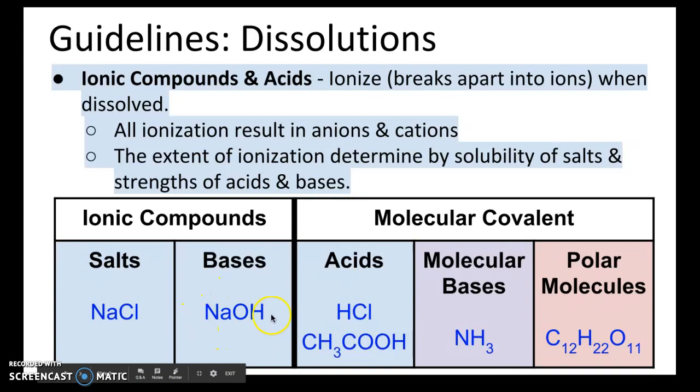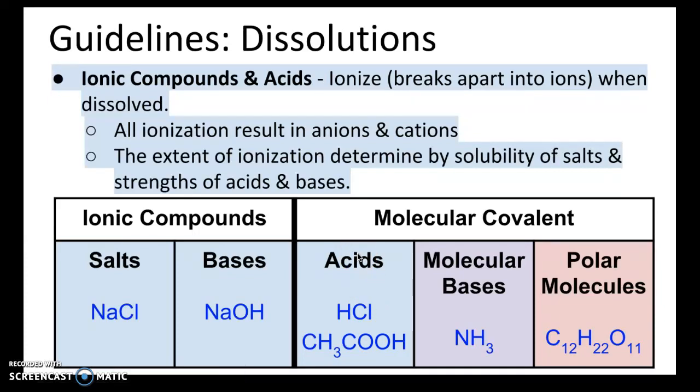And essentially, this base is a salt, but we are going to consider it as a base because of some of its special properties. For acids, when they ionize, they break apart into the proton, which is the H+, and then whatever is left is the anion.